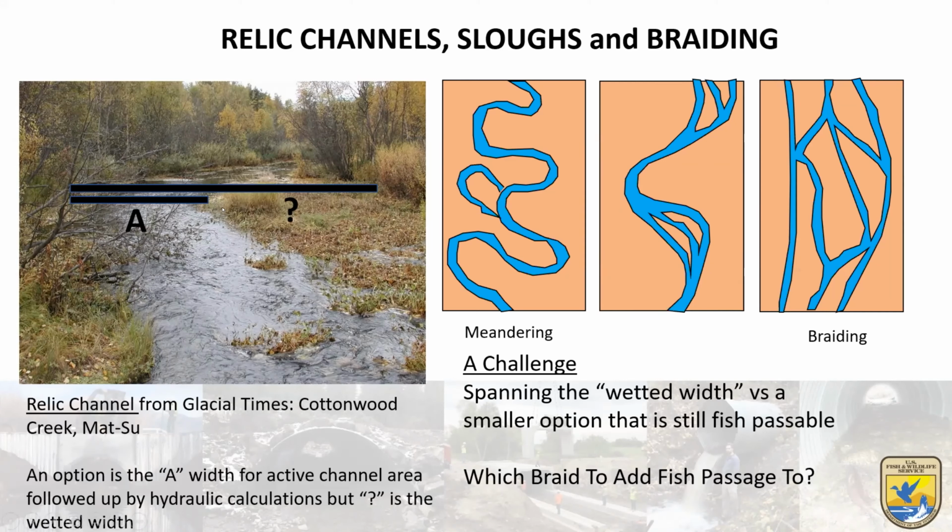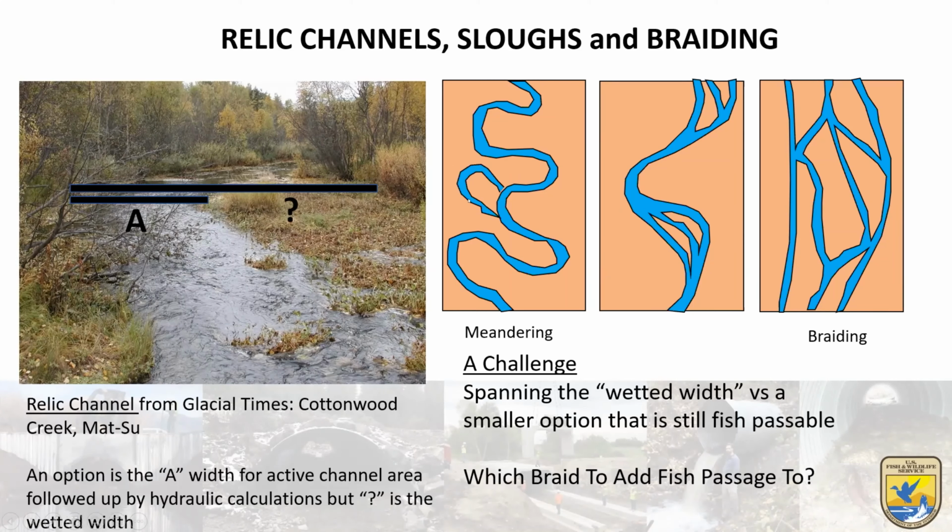But there are ways of doing this for a spring-fed system, looking at what is bankfull for a spring-fed system, looking at some of these areas such as option A and comparing that to the flow discharges and seeing if that is now bankfull or not. When we look at sloughs and braided systems, on the right here, you can see a meandering channel.